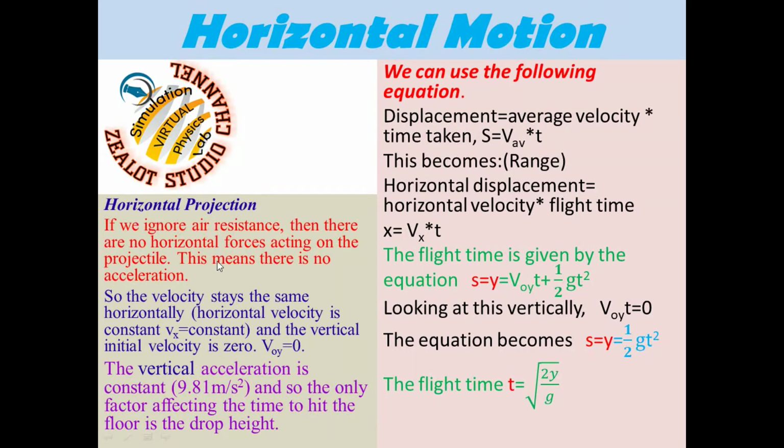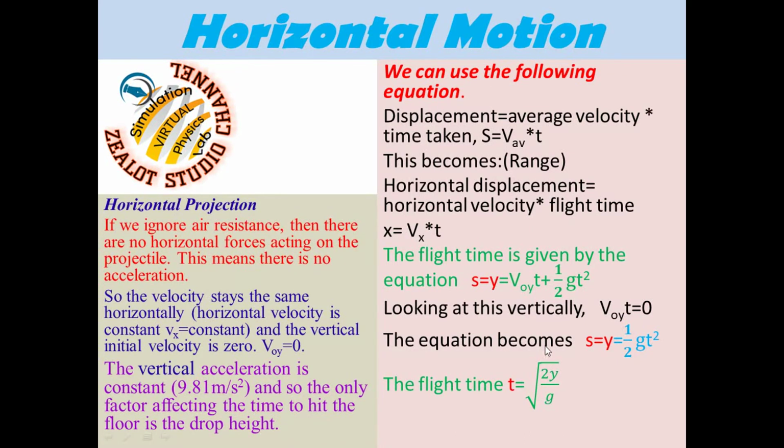Because projection is horizontal, v naught y is zero, so that term vanishes. The remaining term is half g t squared, which is y. Rearranging, the flight time t equals the square root of 2y over g, where g is gravity and y is the vertical displacement.